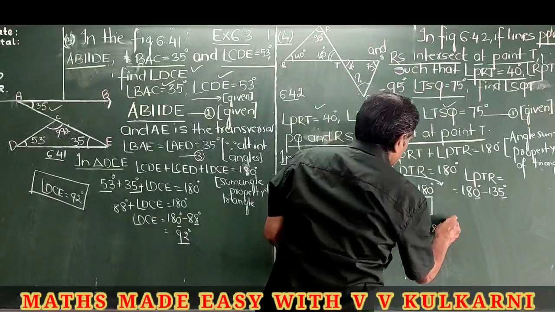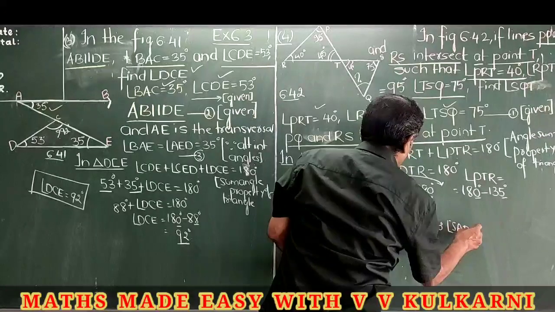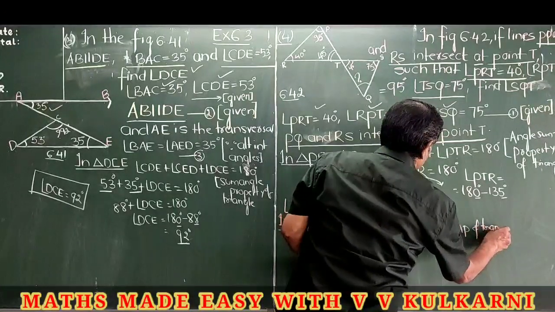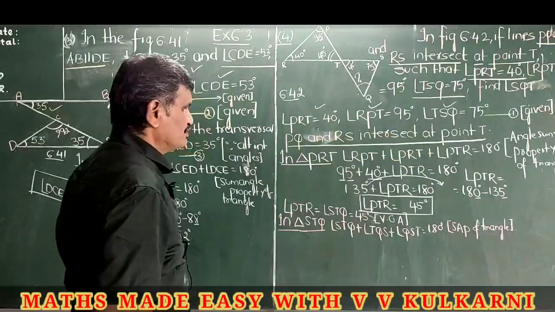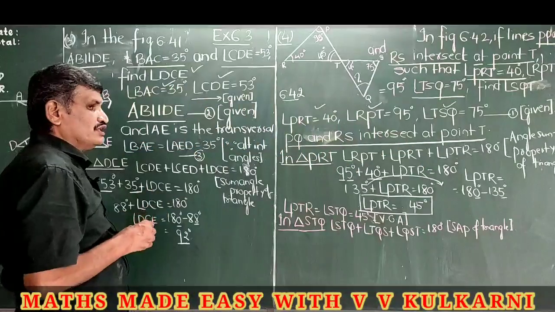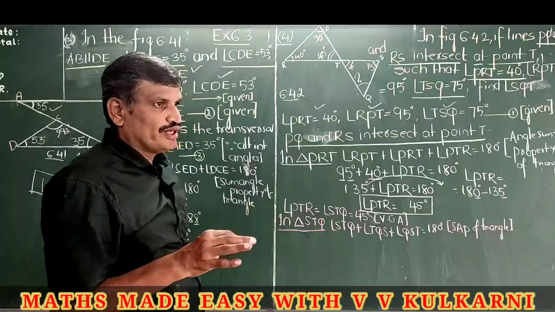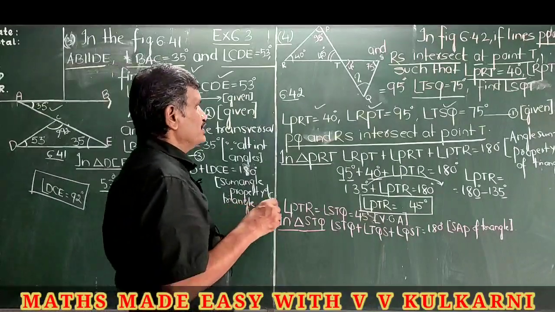Again the same reason here, sum angle property of triangle. I hope you understand the short form of what I have written. Don't write SAP in the exam, only for my own sake I have written it. SAP means sum angle property of triangle. It is not approved by textbook people. Only for my convenience I am writing it here.